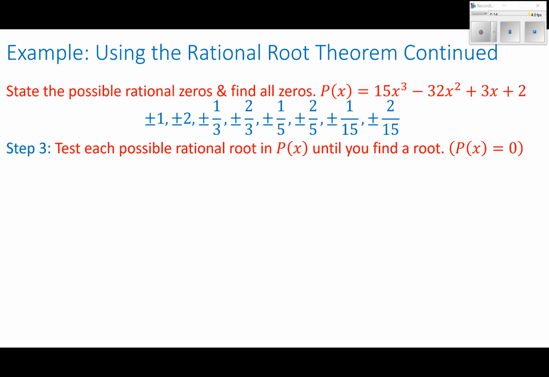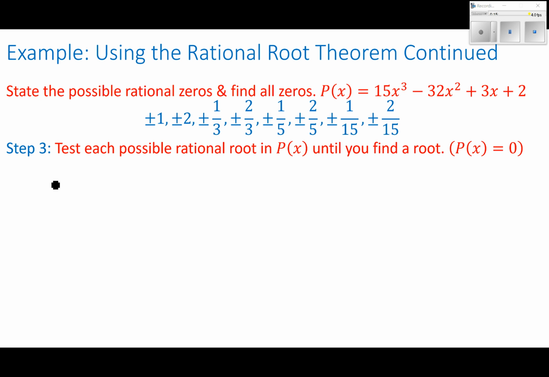If I put a value for x in and my polynomial ends up being 0, through synthetic division, I would have got a remainder of 0. What that means is it is a root. That x is a root. That's where it's going to cross the x-axis. All right. This is the semi-tedious process now where you just have to test them.